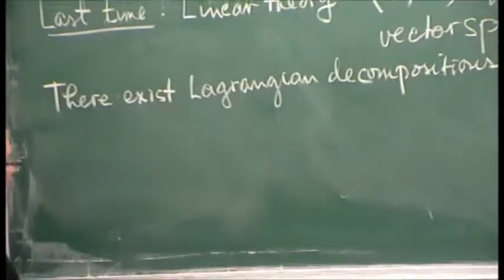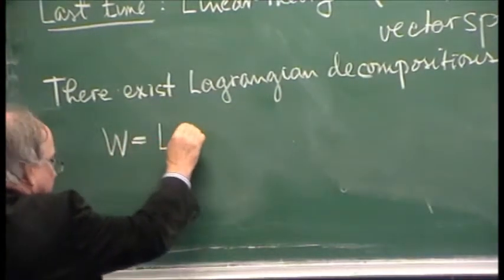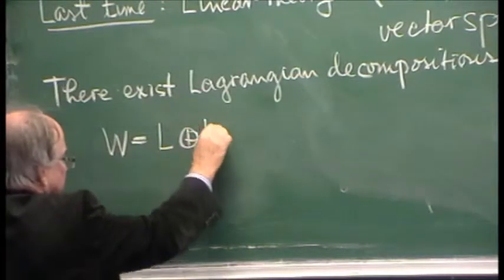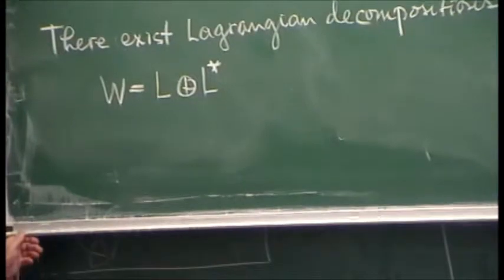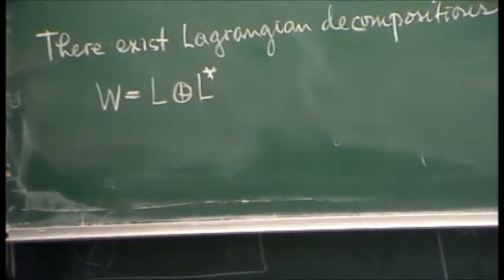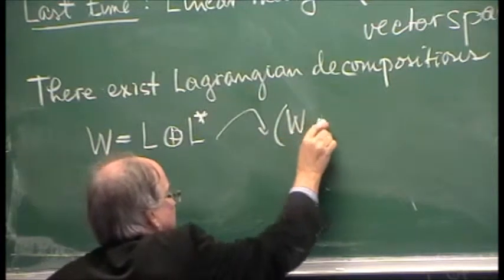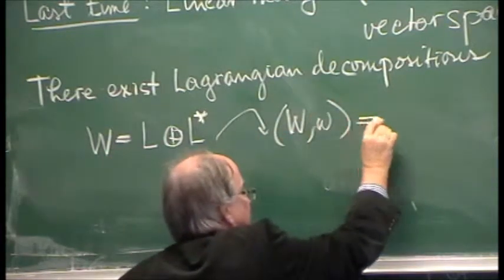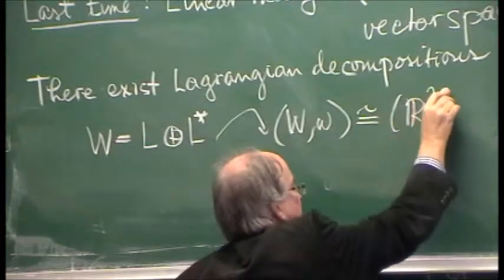It's easy to prove. W equals Lagrange and actually a complementary subspace which you can identify with the dual. So what this says is that W, omega is just, if you take appropriate basis, just the standard symplectic space.